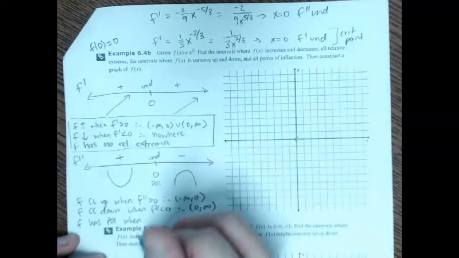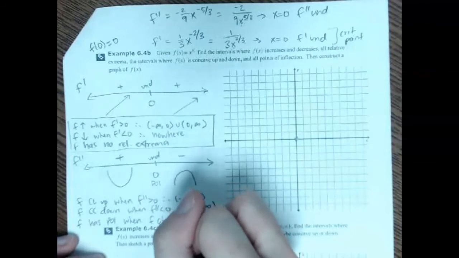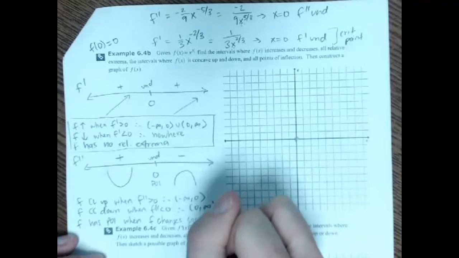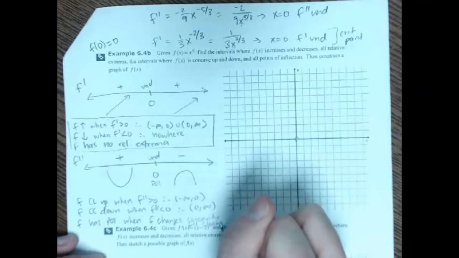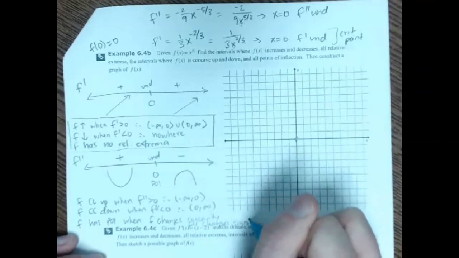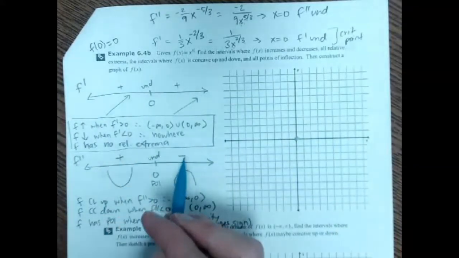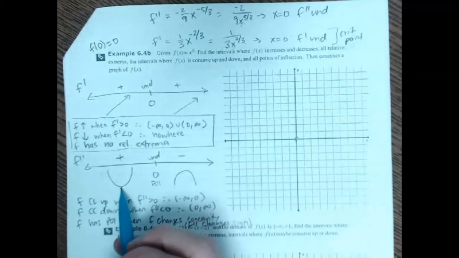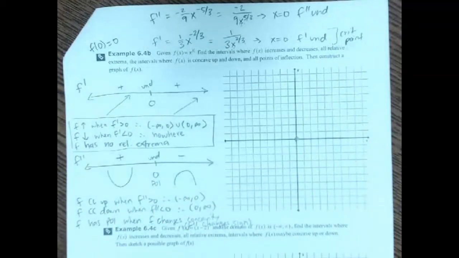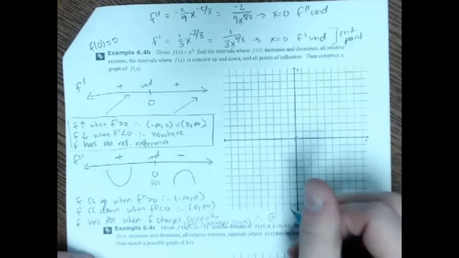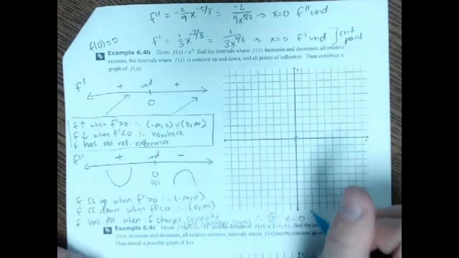You could say F changes concavity, that's fine. Or you could say the second derivative changes sign. Either one of those would be fine. The second derivative changing sign from positive to negative, or your original function f changing concavity from up to down. Those are both perfectly fine justifications. But here we do have a critical point at x equals 0.